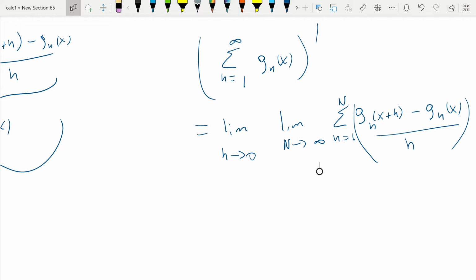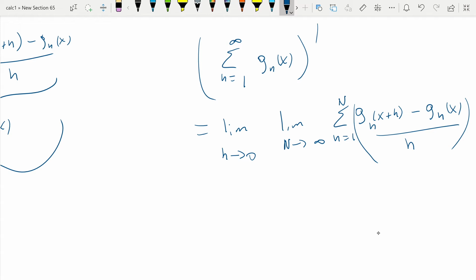So there's some delta, and the n here that you need to make sure that this is within some epsilon neighborhood of the derivative doesn't actually depend on n. Let me go back.